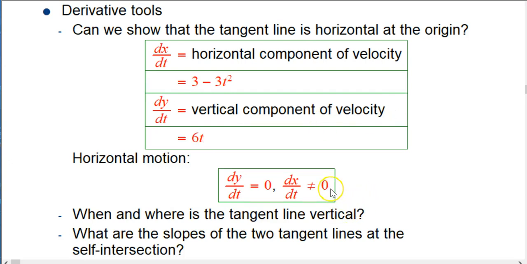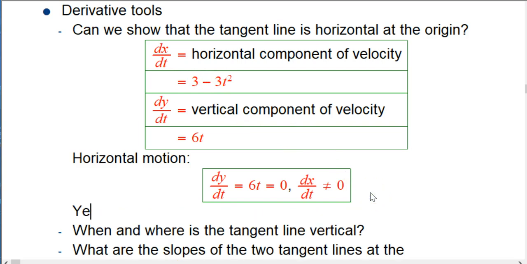Okay, so here, dy/dt equals 0. That's just going to be where 6t equals 0. And the one place that's going to happen is where t equals 0. Is it true that dx/dt is not equal to 0 there? Yes, because dx/dt is going to be 3. In fact, it confirms that the only place where it's moving perfectly horizontal is at the origin. That's what it looked like from the picture, but it's great to confirm that.